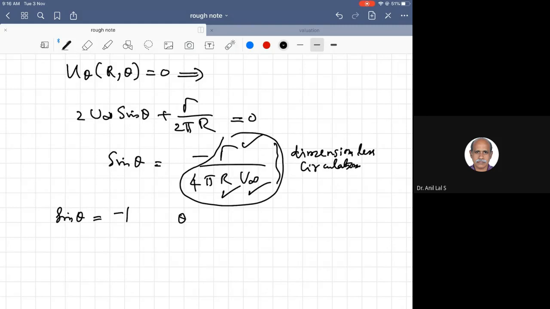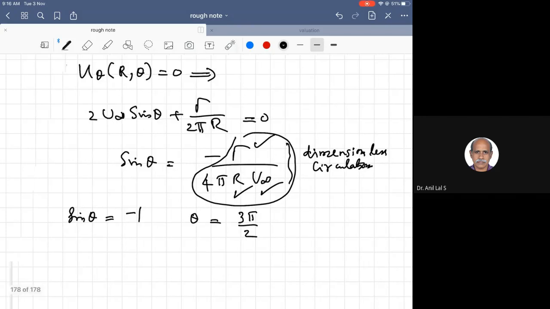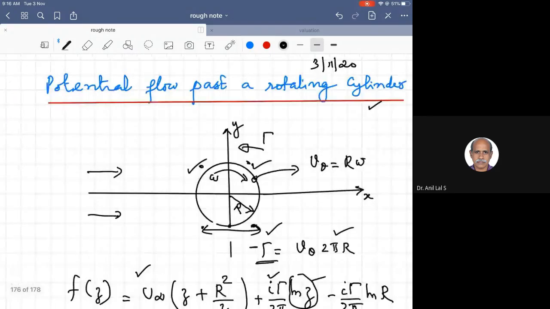So that gives theta, there is only one theta for which sin theta is equal to minus 1, that is 3 pi by 2. So that point is this point. This is the only one point, the stagnation point.